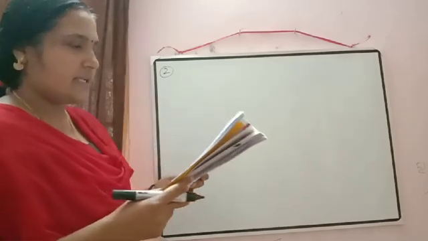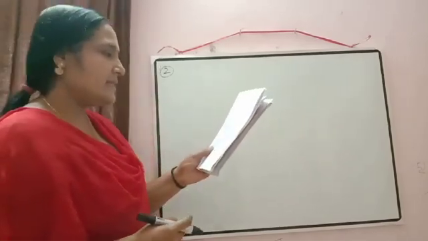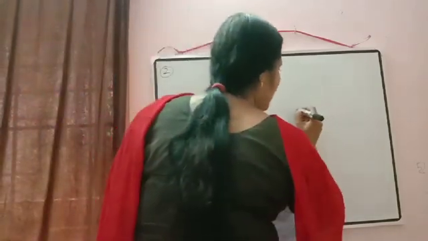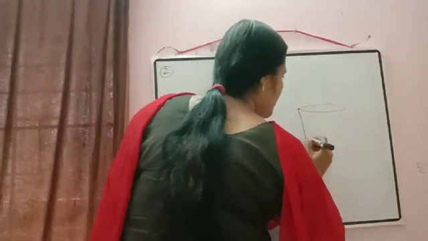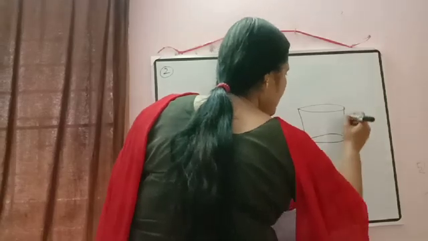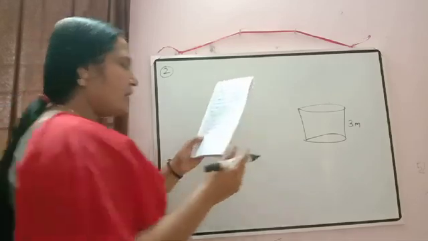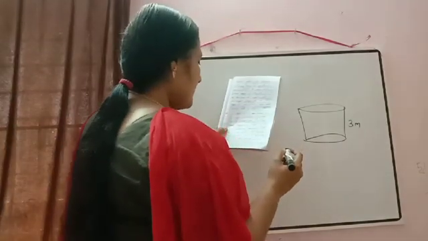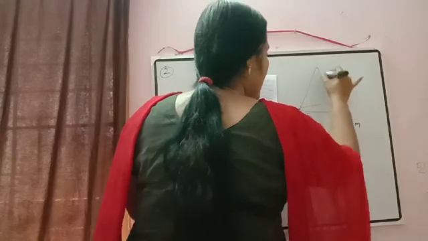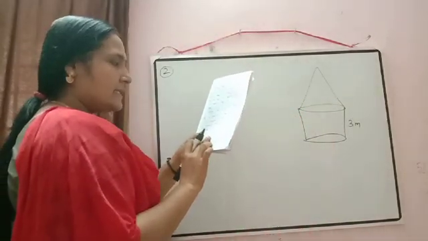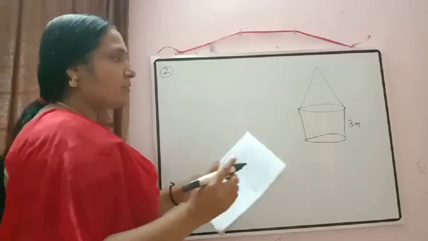In the next question it is written, a tent is in the shape of a right circular cylinder up to a height of 3 meter. Up to a height of 3 meter, it is in the form of a right circular cylinder and then becomes a right circular cone with a maximum height of 13.5 meter above the ground.